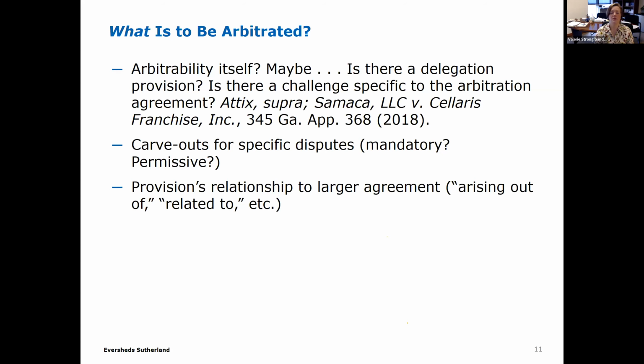So there was a delegation provision in the arbitration agreement, and the 11th Circuit goes through this whole analysis and says, is there a challenge specific to the arbitration agreement? And the argument that the plaintiff was making there, which was this kind of claim can't be arbitrated under Dodd-Frank, that's not specific to the arbitration agreement.